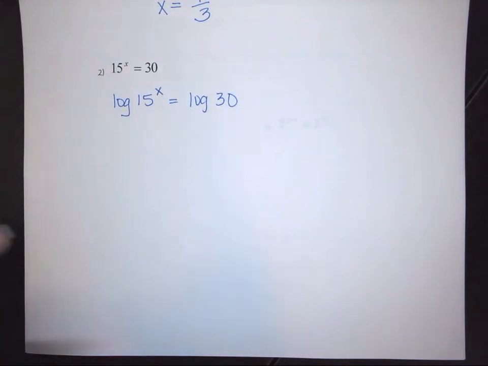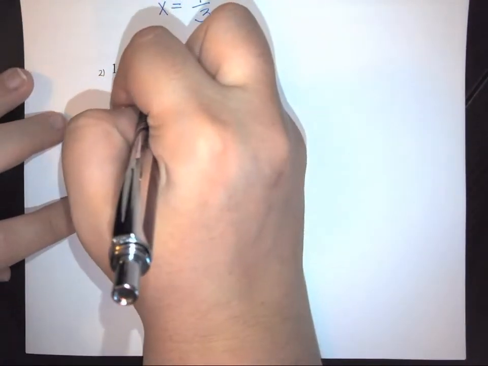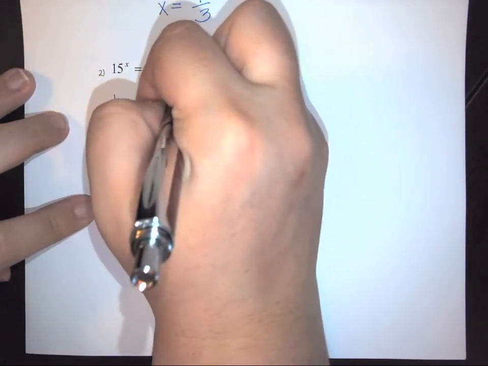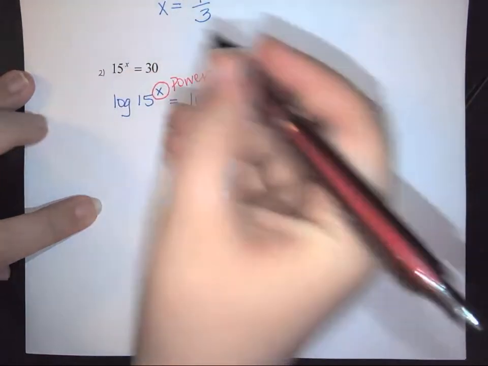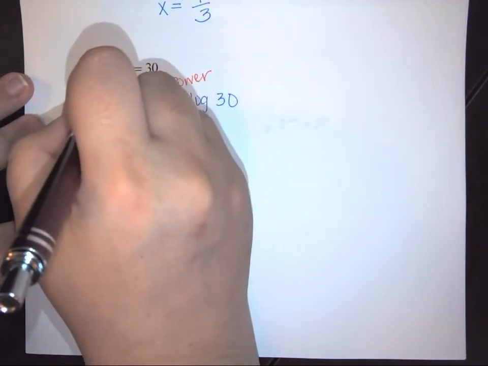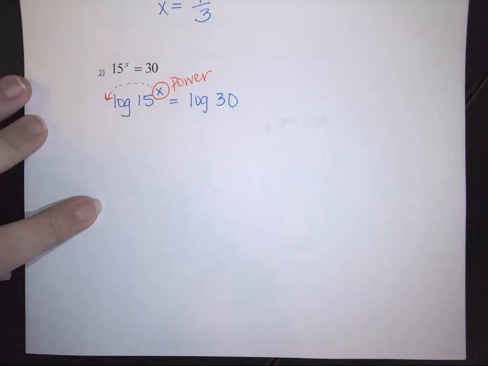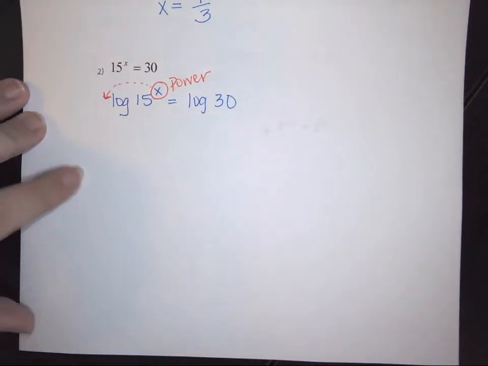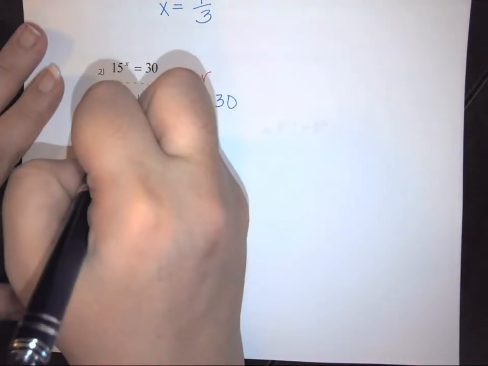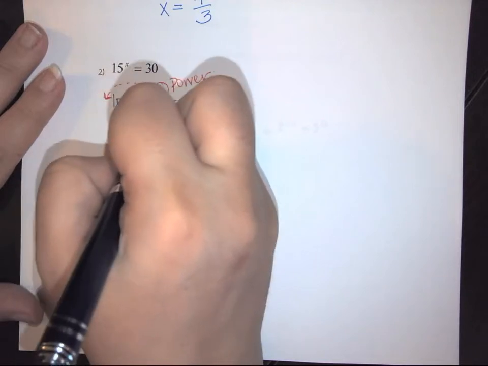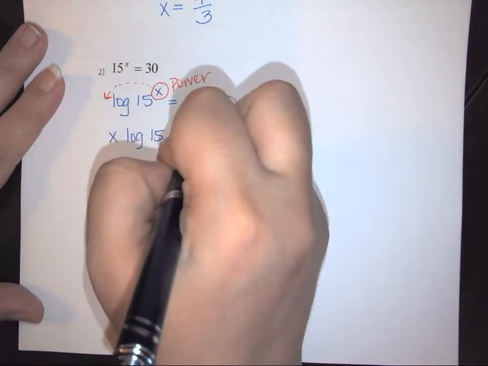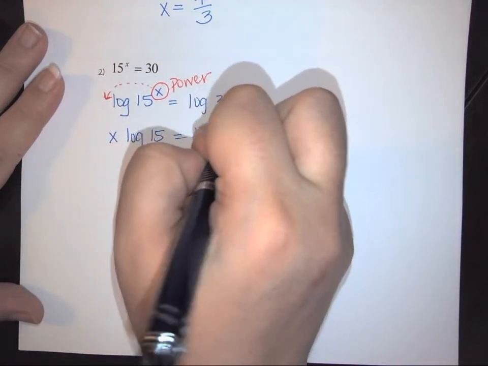In doing so, right here, we have a power, which says I need to move it down in front. So here, this becomes x log of 15 equals the log of 30.